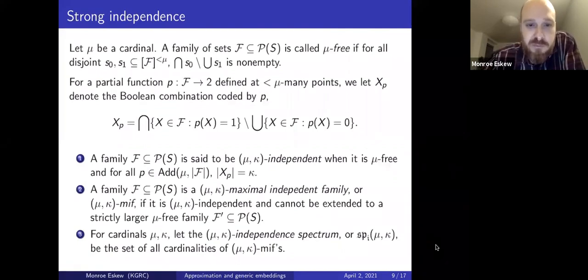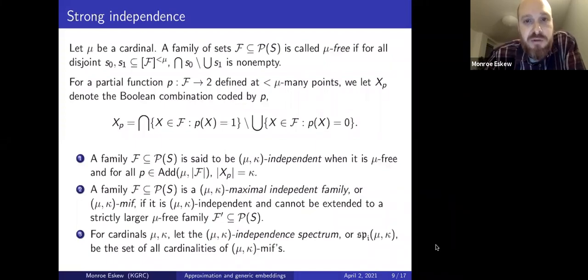So we have many different notions there, but for a cardinal mu and a family of sets contained in the power set of some set S, we'll say that it's mu free if all Boolean combinations yield a non-empty set. So you take two disjoint subsets of your family, each of size less than mu, and with the first one form the intersection of everything, and then with the second one form the intersection of all the complements, and then take the intersection.